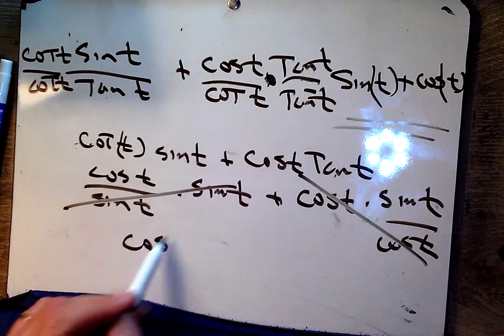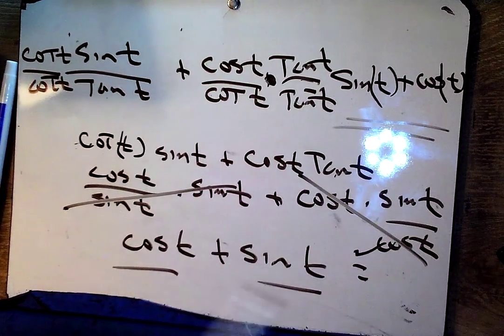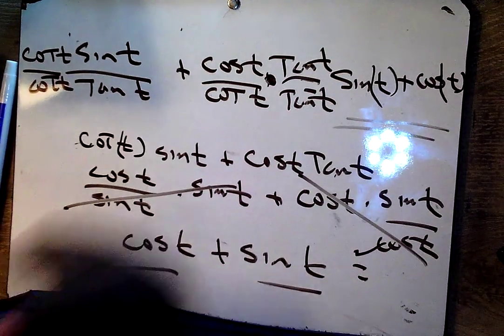And there we go, cosine t plus sine t. Done, done. So, lots of ways to do these problems, if you're comfortable with your strategies. Please be comfortable with your strategies and with your trig identities.